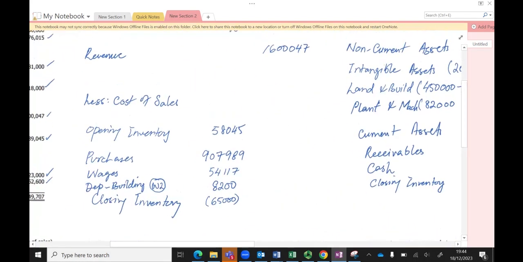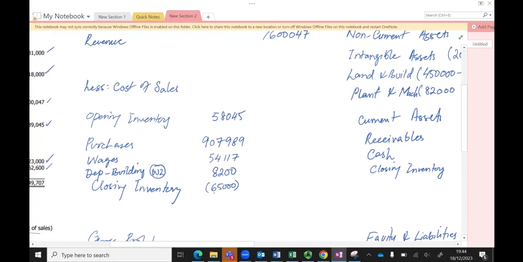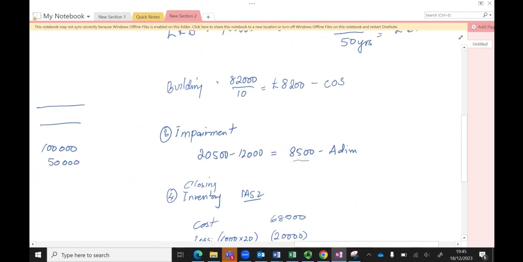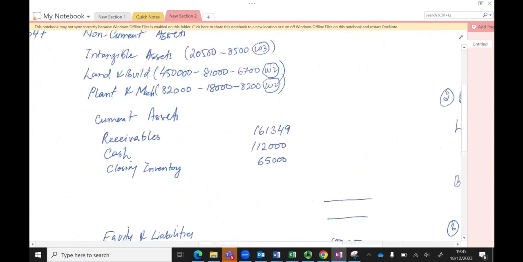Next, let's do the calculation. The cost of sales: opening inventory plus purchases plus wages plus the depreciation of plant and machinery, building, and 8,200. 8,200 is for the building, yes.